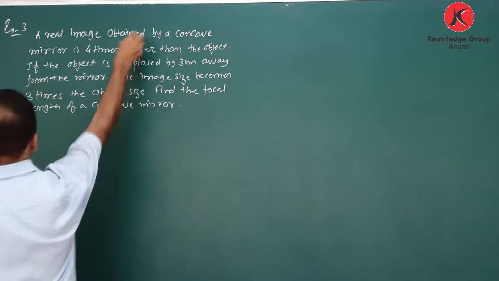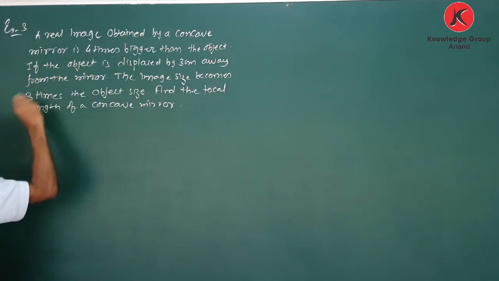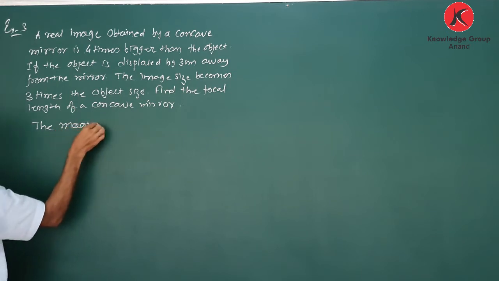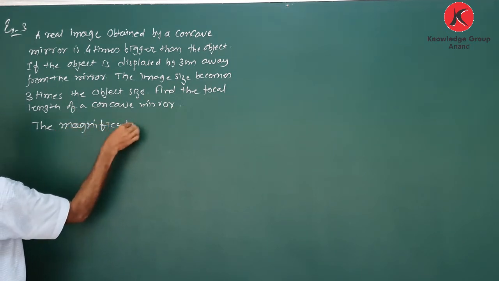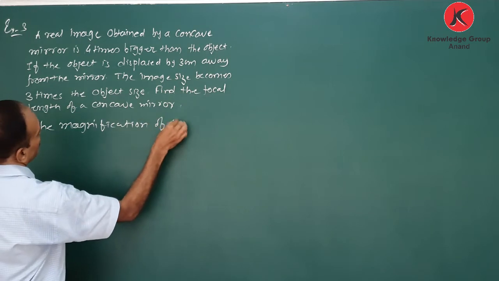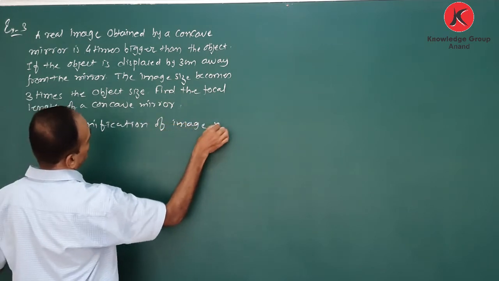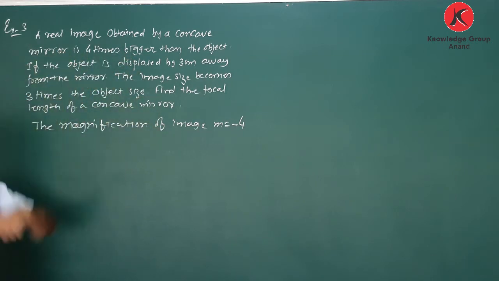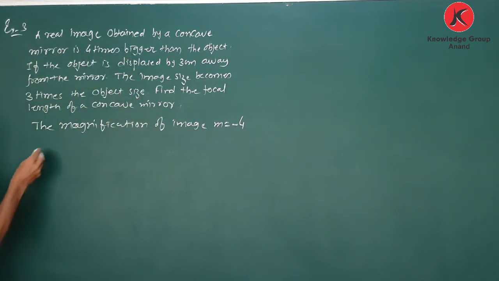Now, the magnification of the image, m, is given as minus 4. Why negative? Because a concave mirror is given.